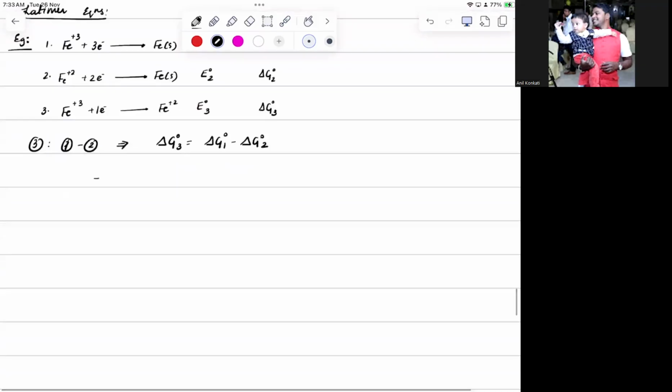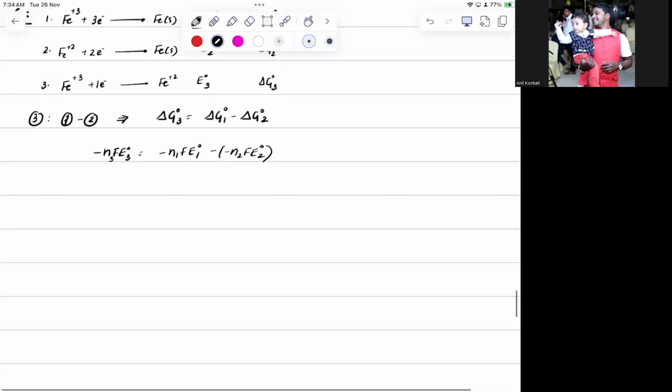So delta G naught 3 is minus N3 F E naught 3, which is equal to minus N1 F E naught 1 minus of minus N2 F E naught 2. If I remove this F and the minus also, I'll get N3 into E naught 3 is equal to N1 into E naught 1 minus N2 into E naught 2.